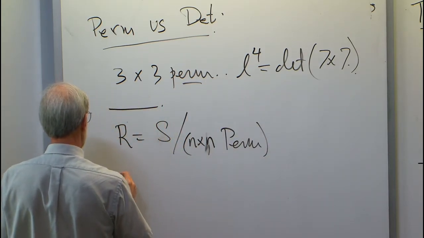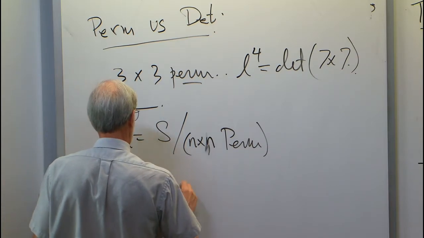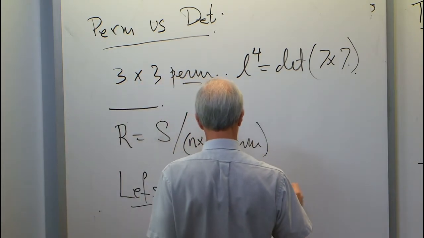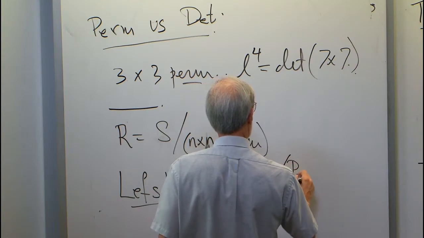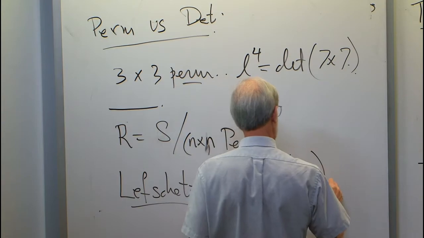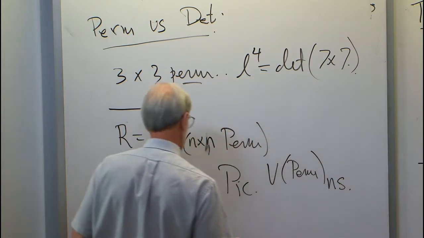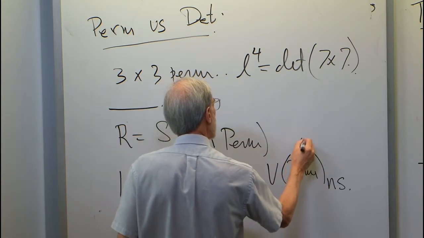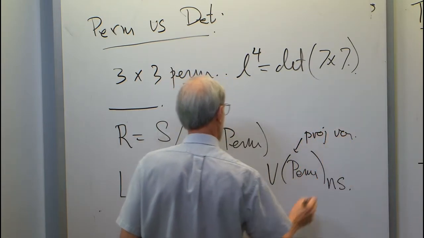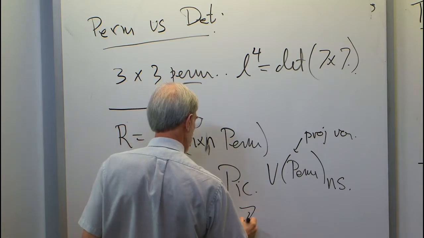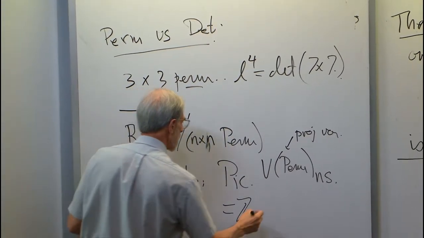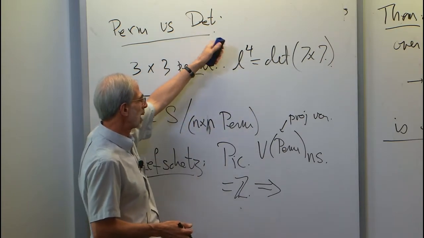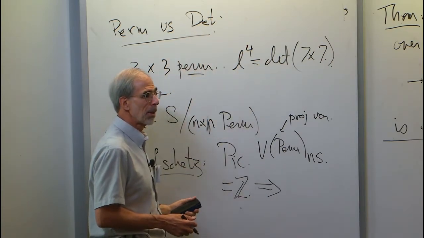So Lefschetz says that the Picard group of the permanent, and I'll take the non-singular part, the regular part, I'm thinking of this as a projective variety now, is just Z. And that implies that the only rank 1 modules like this that you could get, the only M's that appear as the cokernel in a matrix factorization, are the free module.